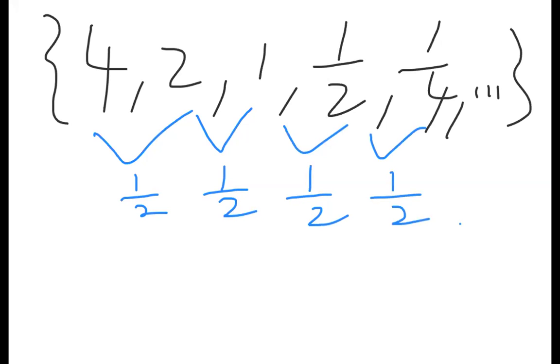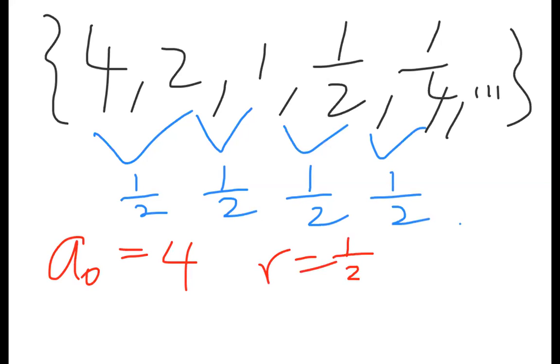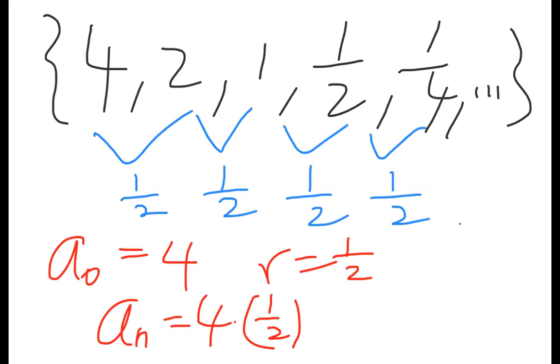For the general term, you start from 4, but the ratio is 1/2, instead of a number greater than 1, so you have a decreasing power. So an is 4 times 1/2 to the nth power. Well, 1/2 is 2 to the minus 1 power, and 4 is 2 to the second power. So using the product rule, adding 2 and minus n together, you have 2 to the 2 minus n power.